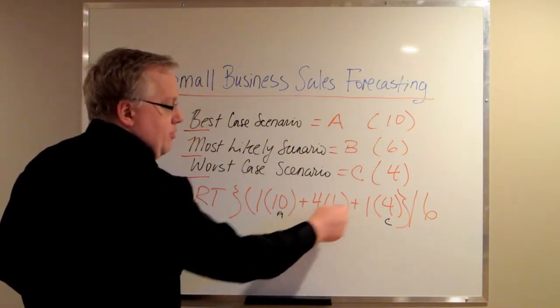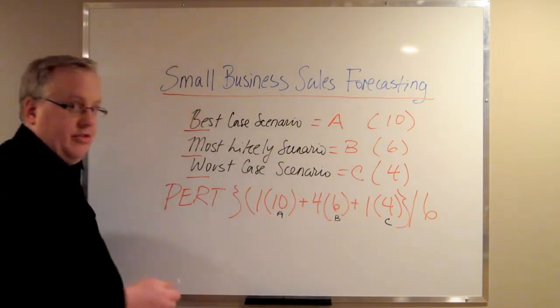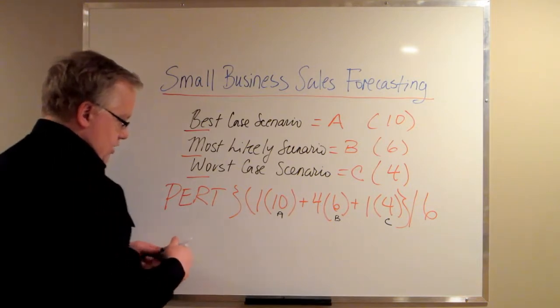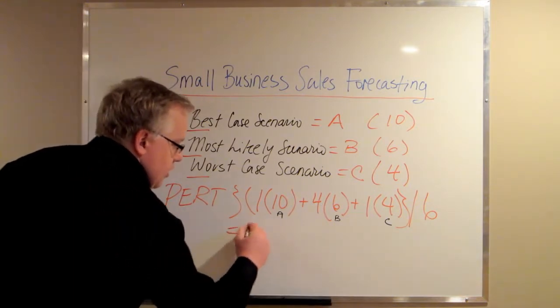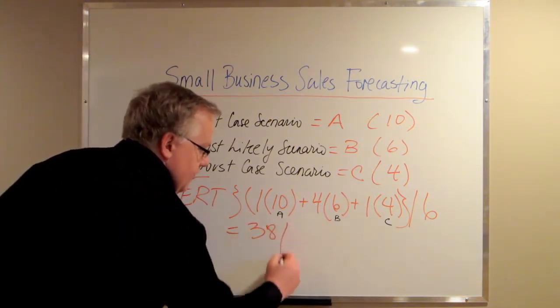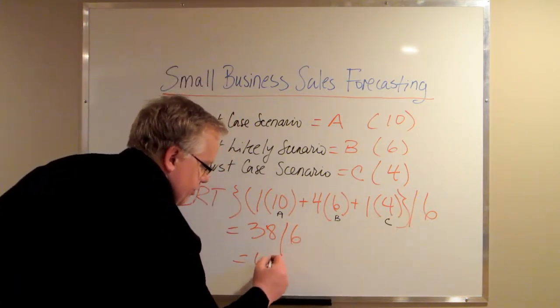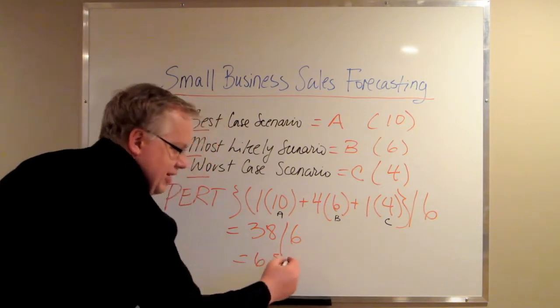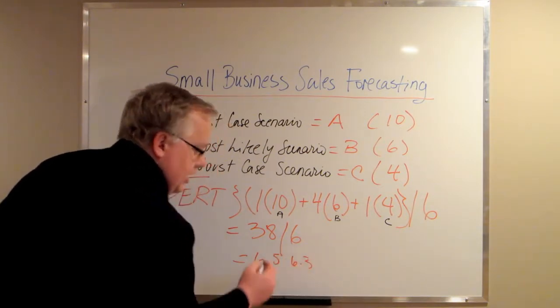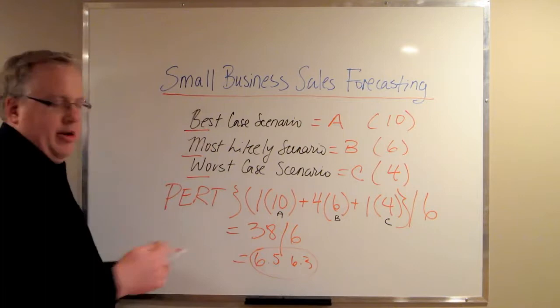So 24 plus 4 is 28, plus 10 is 38. So this calculation is equal to 38, and you divide that by 6 on the outside, and you get something like 6.3 units. In any case, it's probably going to be 6.